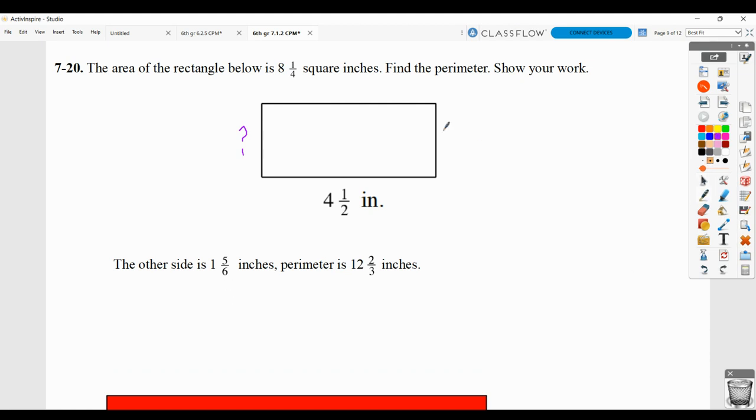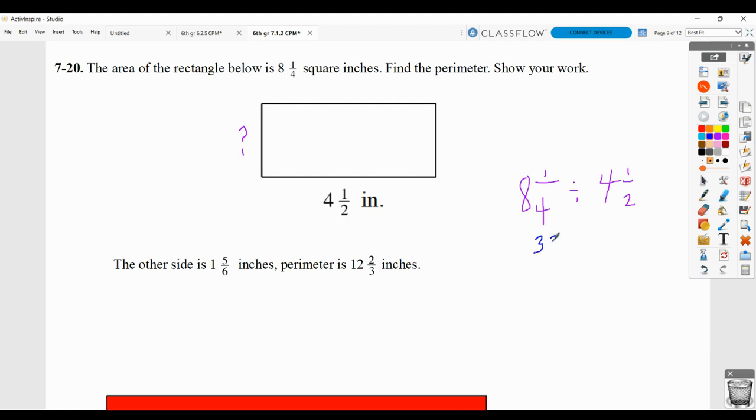Now, in terms of how you're going to show the work for that, which it specifically says you need to do, you would take your 8 1/4 divided by 4 1/2. First, change those to improper fractions. So again, we should have that down, which is denominator times whole number plus numerator over original denominator. So 4 times 8 is 32, plus 1 is 33.